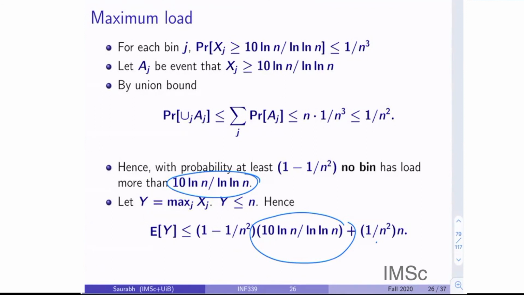What is the meaning of minimum load? Look, if I have n bins and n balls, whatever you do, by the pigeonhole principle, there will be a bin with at most 1 ball. It's a deterministic statement. You get my point?